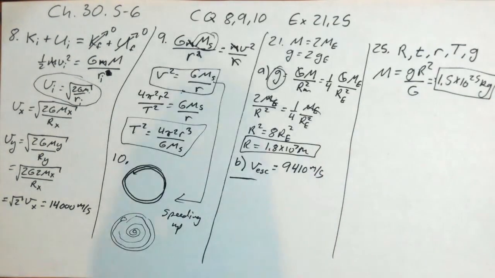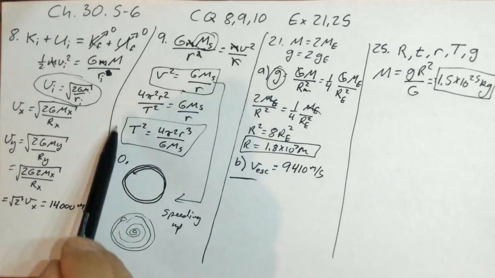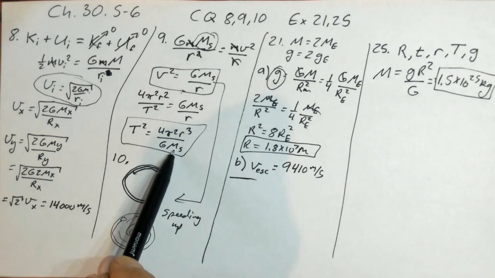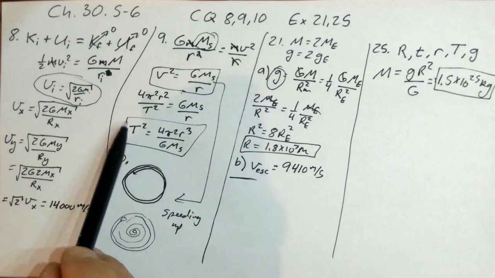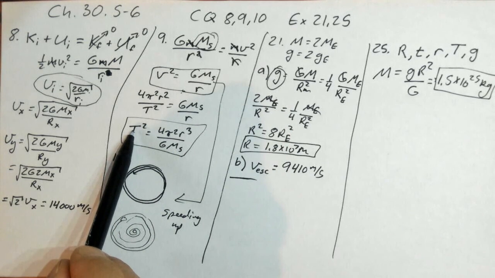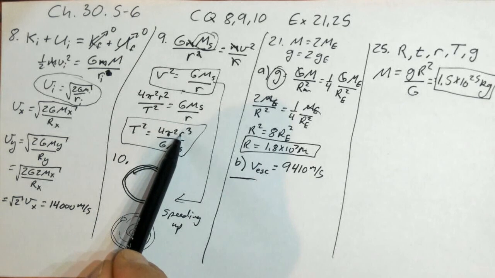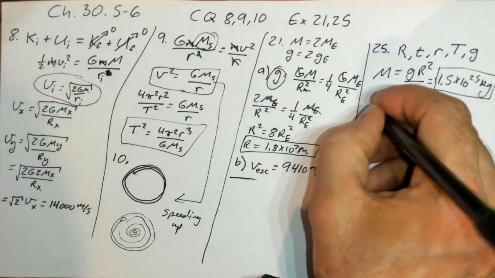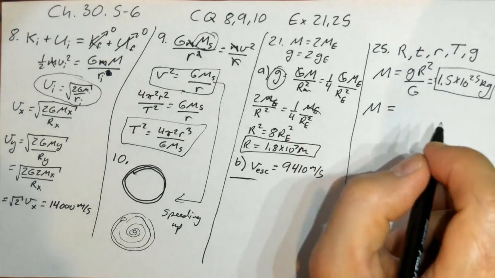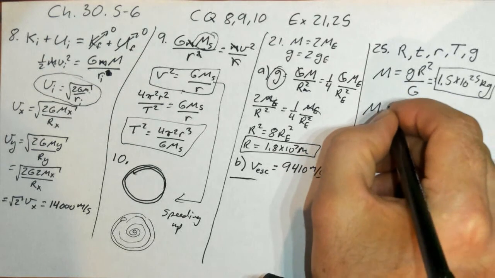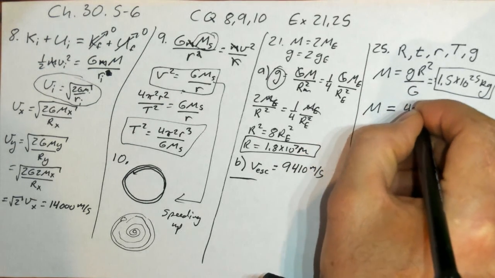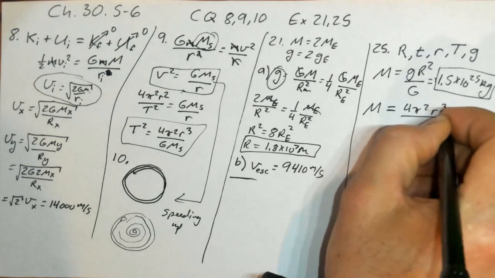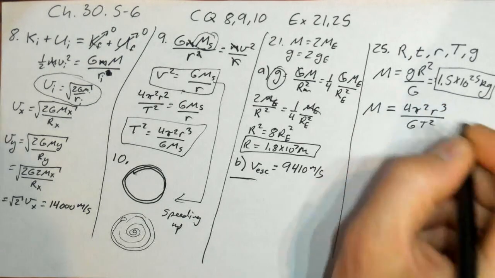Now the next question is, what is the mass of the star around which this planet orbits? Well, hint is right here. Can we find the mass of the star? We know the orbital period, and we know the radius of the orbit. We know the other constants, so yes, we can. From that one, we can solve for the mass of the star, and we're going to get 4 pi squared r cubed over G T squared.